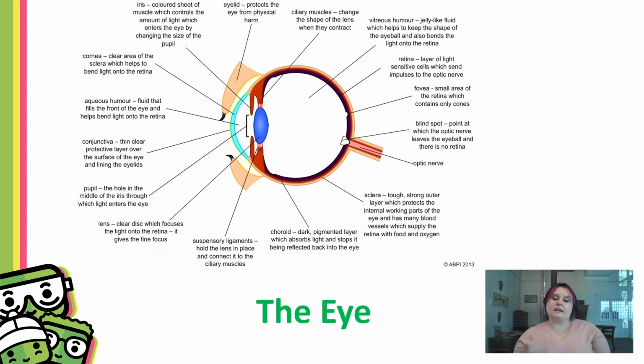And this is where that nerve impulse is transmitted into a picture. And we put that information together into what we actually see. So our eye is just a receptor for picking up on light, and it works together with our brain to make a picture of the world around us.